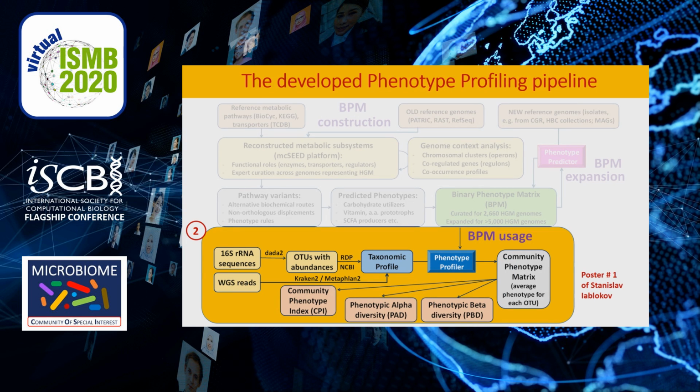At the second stage of the pipeline, we use the BPM to calculate several metrics describing phenotypic capabilities of real metagenomic samples.